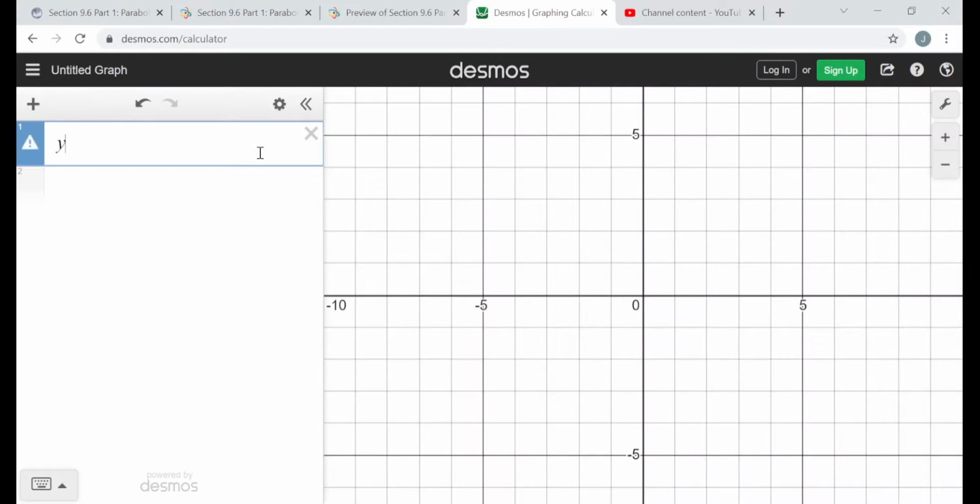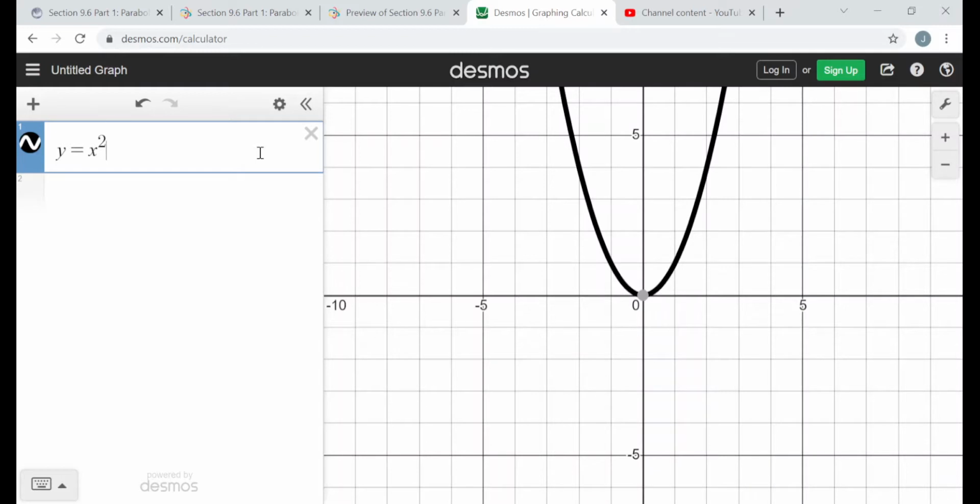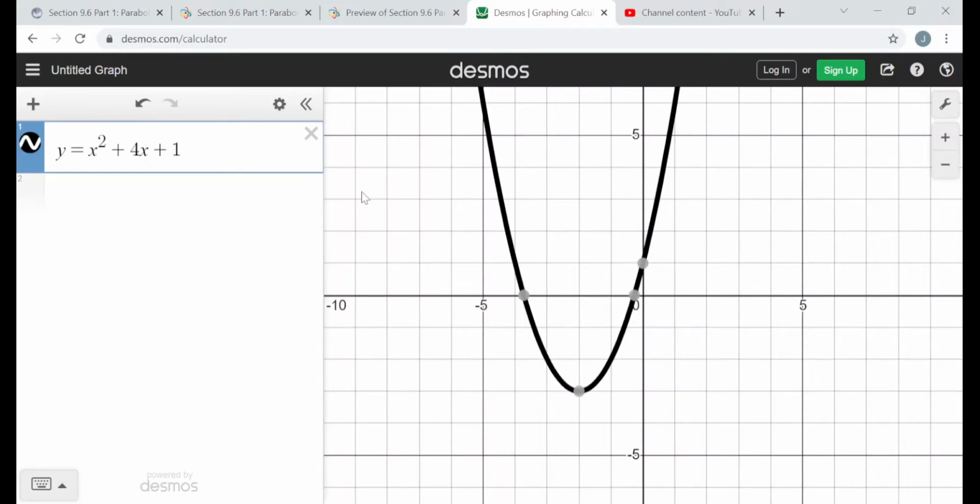Y equals x squared plus 4x plus 1. And look, see the vertex is at negative 2, negative 3. There's x-intercepts. They're at negative 0.268. That's not the exact value. Those are rounded. Negative 3.72. And 0, 1. And then here's negative 4, 1.